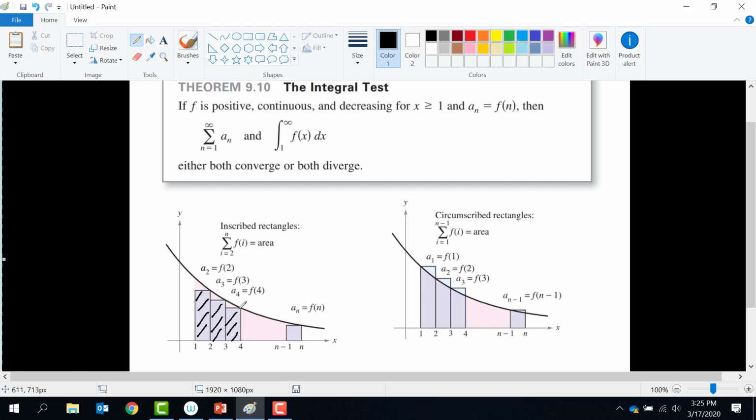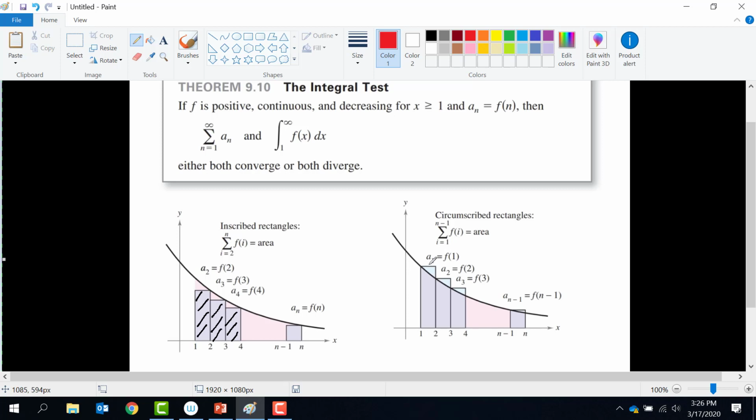And you can see that the area under the rectangles is going to be less than the area under the curve. So if the bigger area converges to a number, then this smaller area should also converge to a number. We don't know what number that is. We can't really tell. And so we're just going to be able to tell whether it converges or diverges.